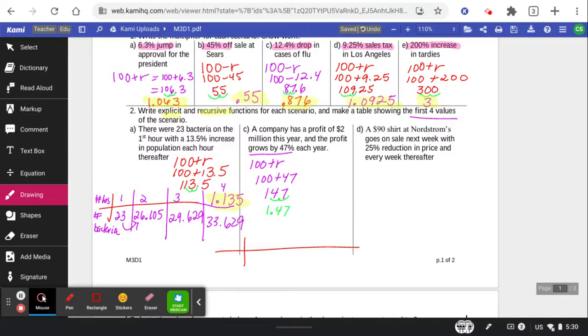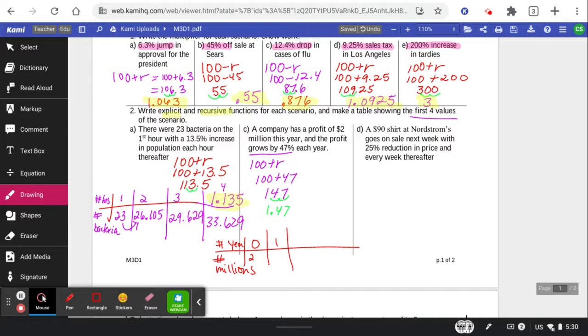Company has a profit of 2 million and the profit is growing. So we're starting with 2 million. I'm going to make this number of millions in the bottom, and up here is number of years. So in year 0, there was 2 million.